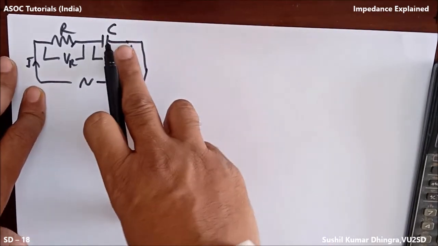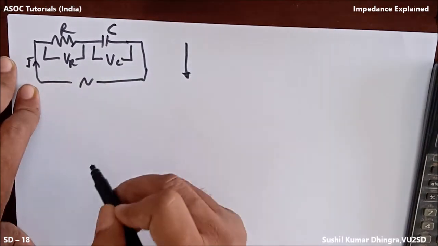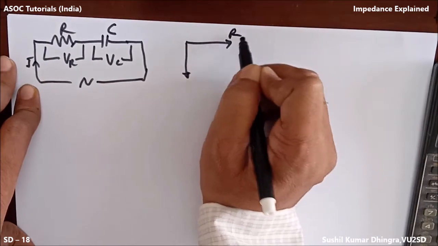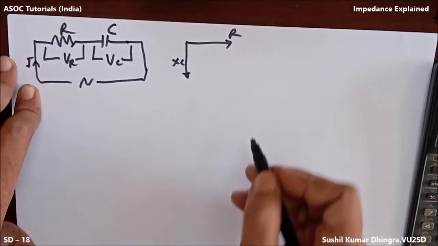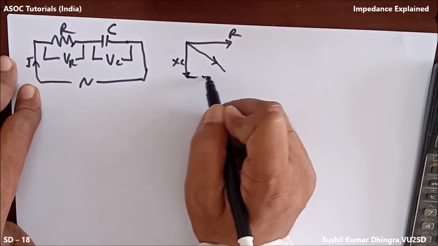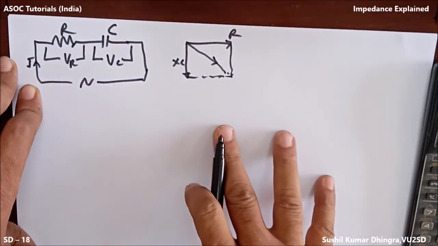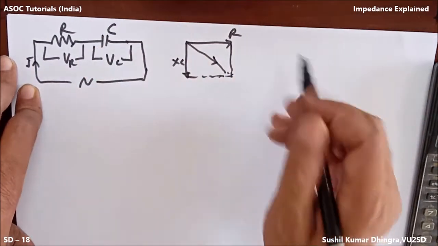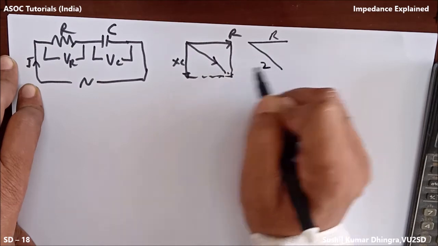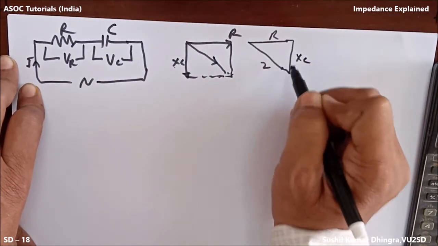Now because this is C, this will go downward because it is negative, as I told you in the previous slide, and R will go straight. This is R, this is XC, and in the same way Z is the resultant value. If you plot it, this will be the graph. R, Z, and this XC will come here, XC.